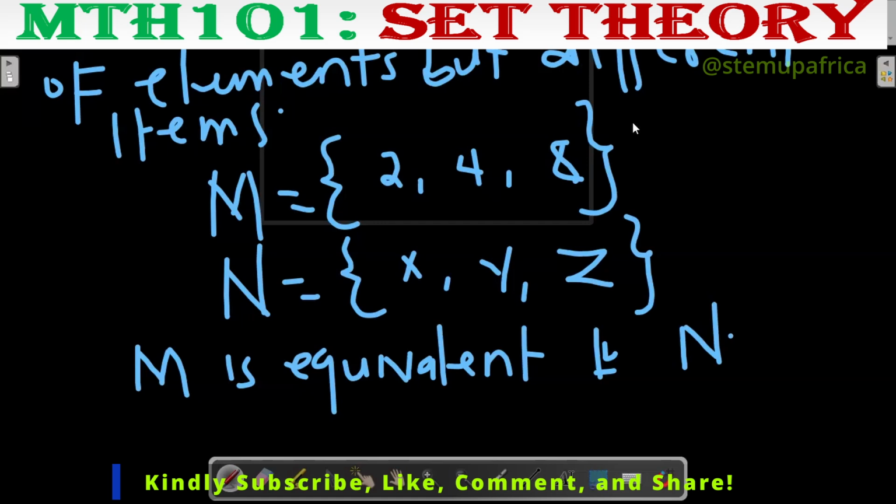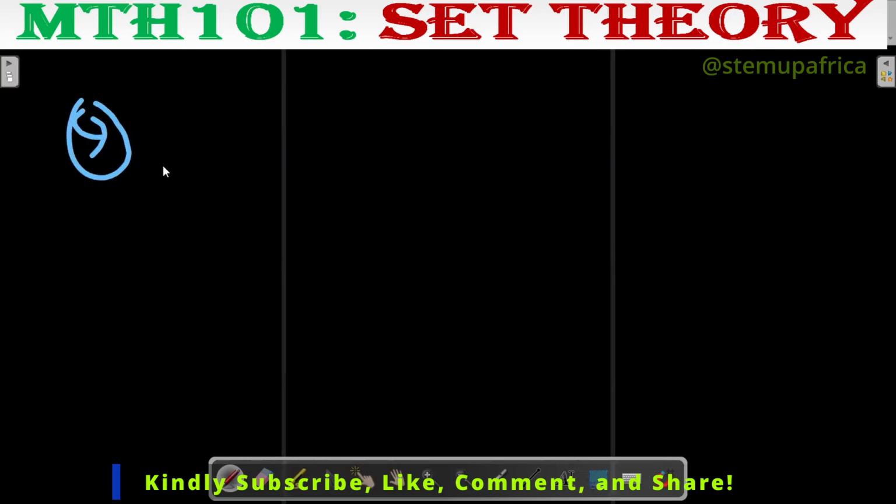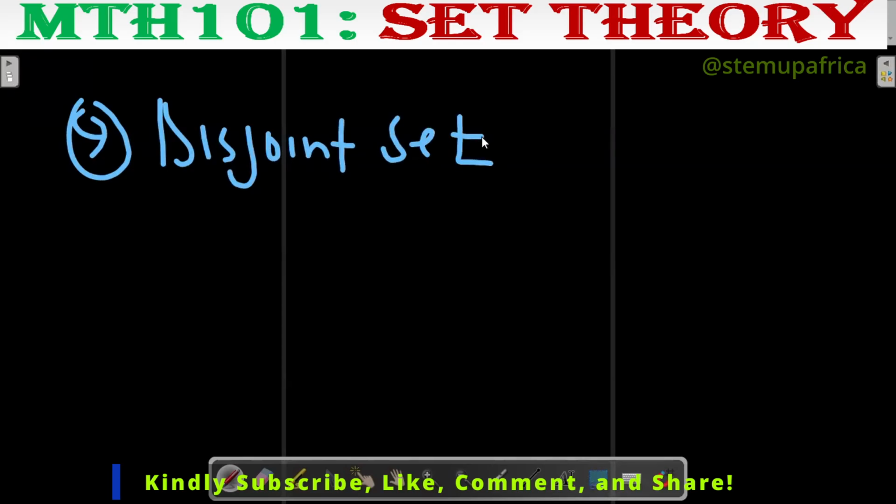So we also have number 9, disjoint sets. Ordinarily, what do you understand by the word disjoint? Don't relate it to what we are doing now. Something that is not together. Exactly.